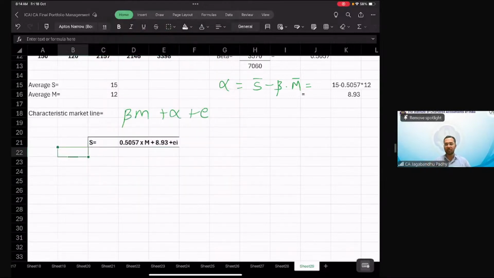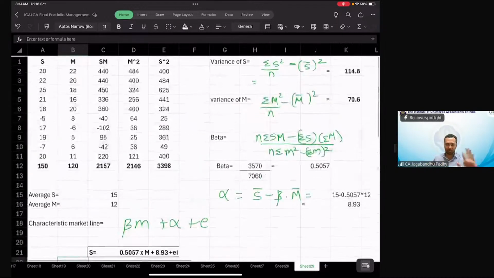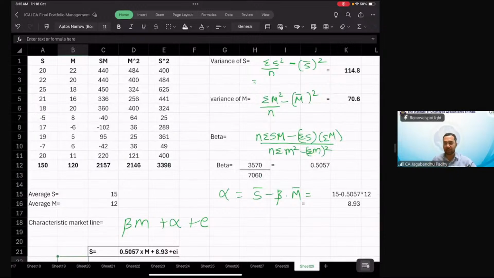Right, so security return is defined as this particular equation, guys: 0.5057 into market return plus 8.93 plus the error term. That's the first part we have done. We have done beta, we have done with the characteristic market line.